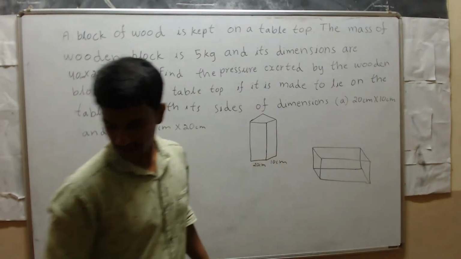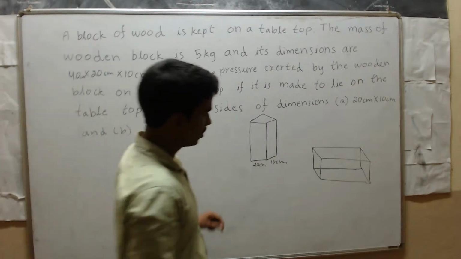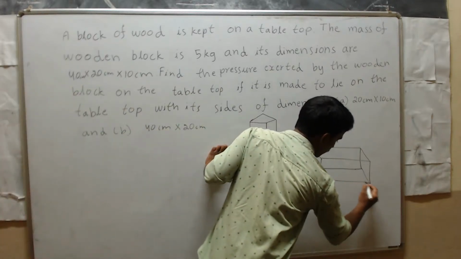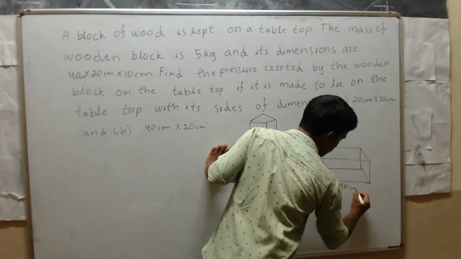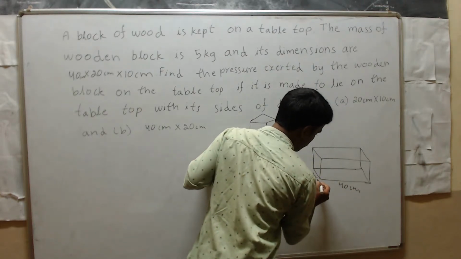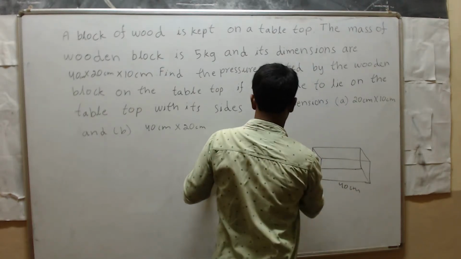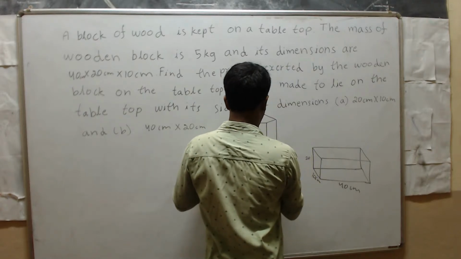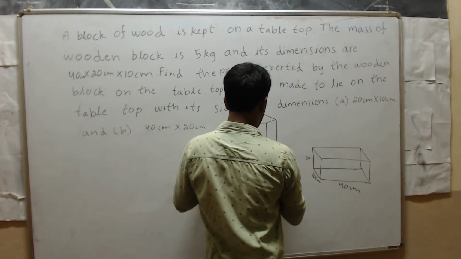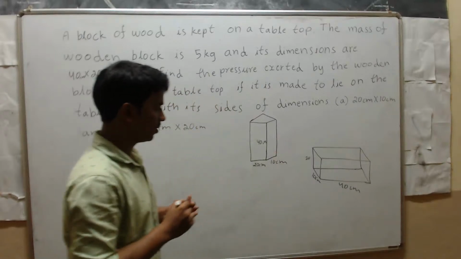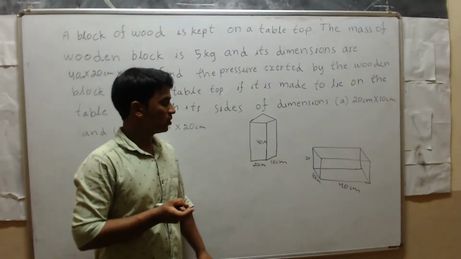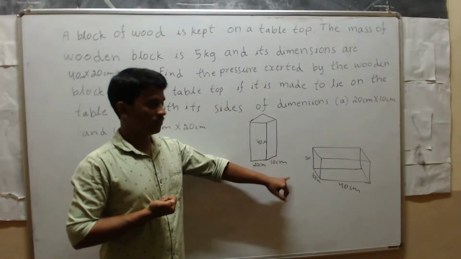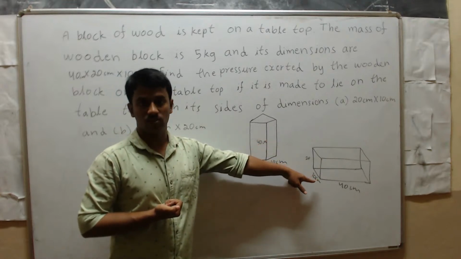Then second case, 40 centimeter and this is 10 centimeter. This is 20. This is 40. So we have to keep that box like this over the table. Out of these two, first we keep like this, second like this one.